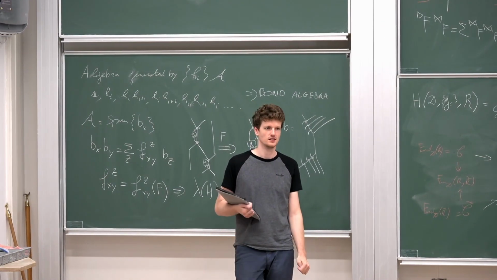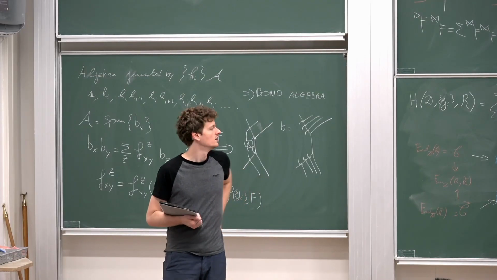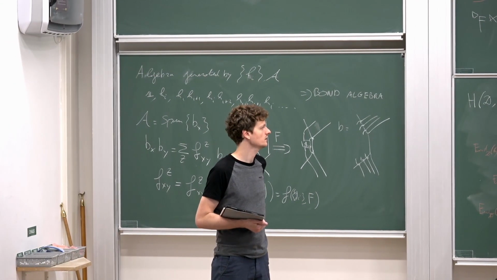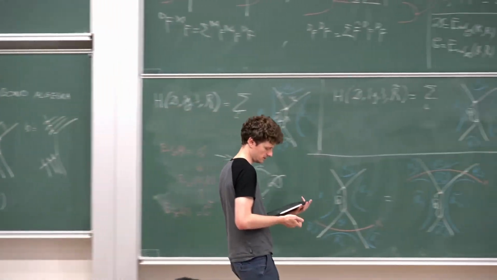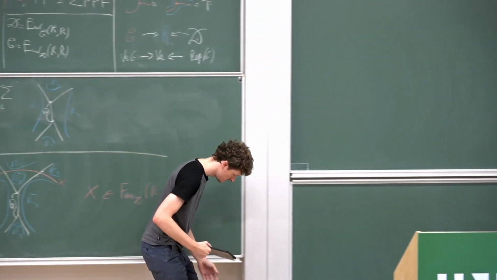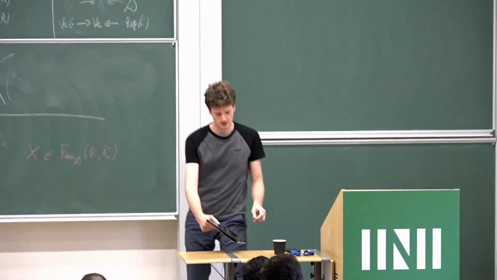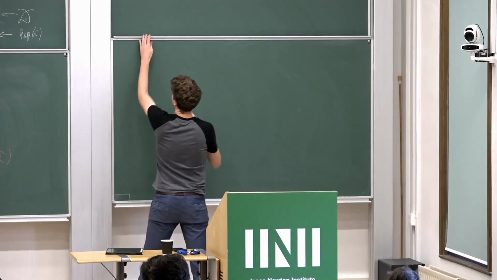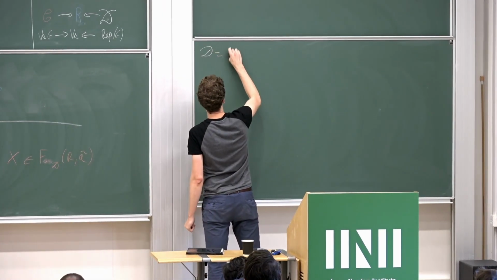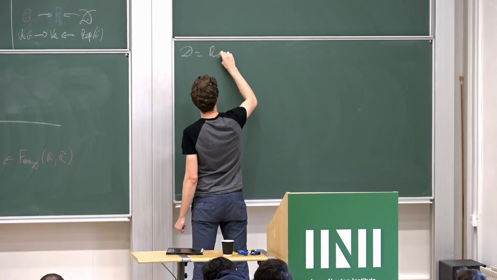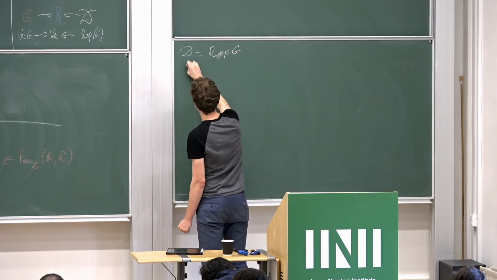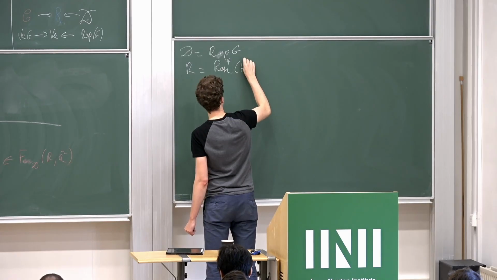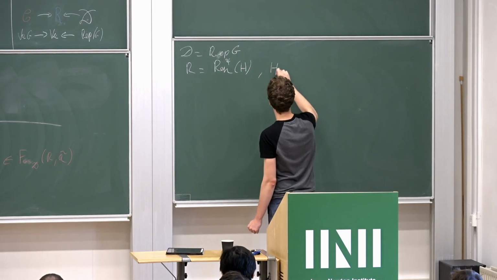Yeah, yeah. Yes? This earlier example where D was Rep G, can you get two different R's this way? Okay, indeed, good question. So if I take this D to be Rep G, the different R are given by Rep^psi(H).